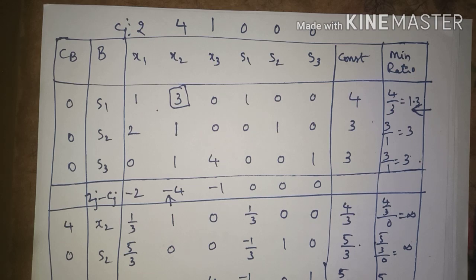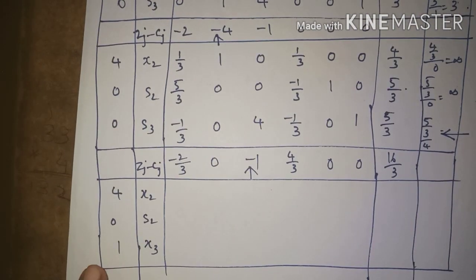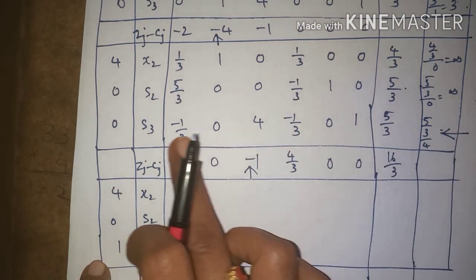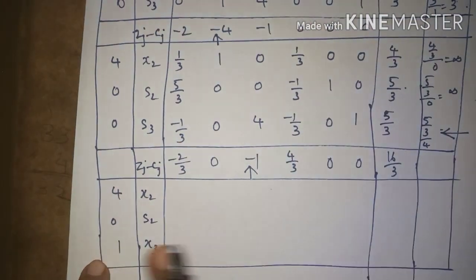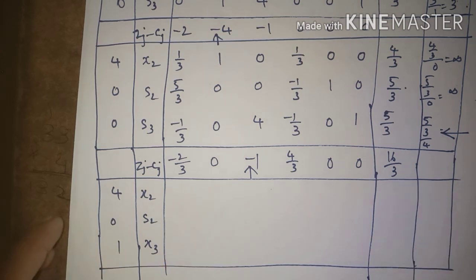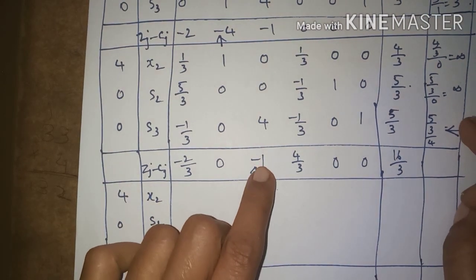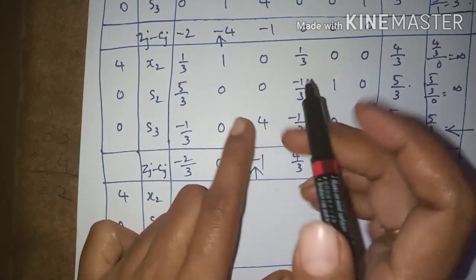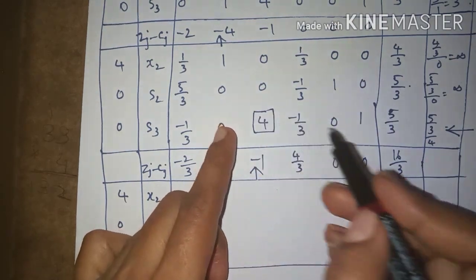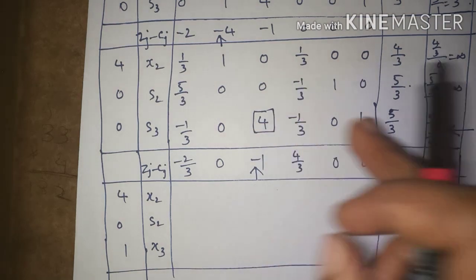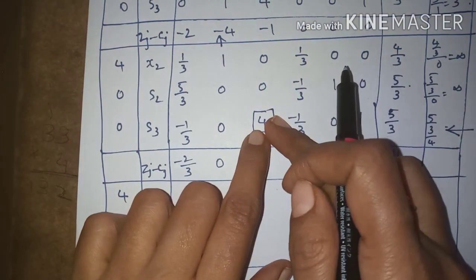Now I completed these columns, S3 is leaving the basis, whereas x3 entered the basis. Now we have to identify the coincide value. If you come this side, this 4 is the pivot element.